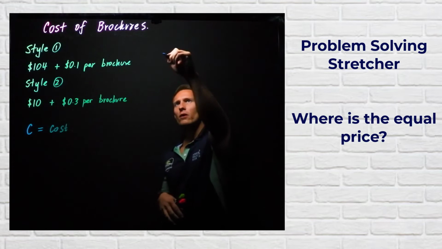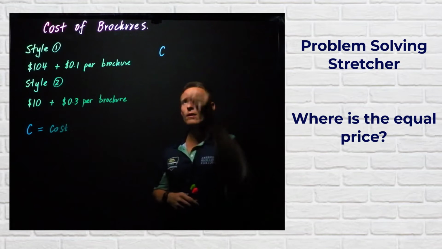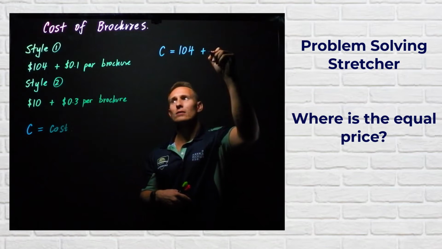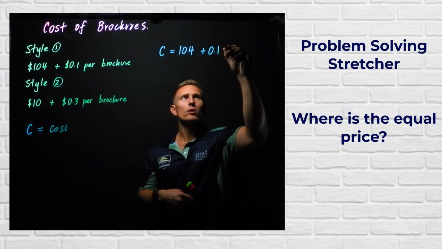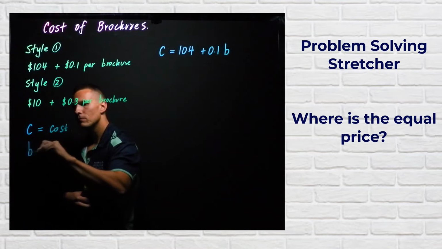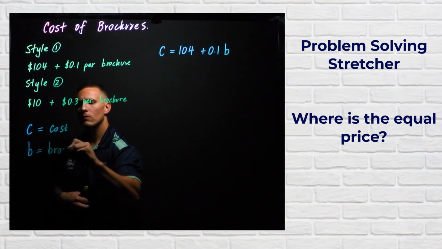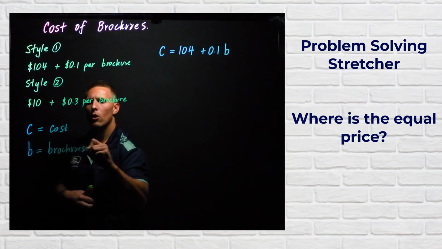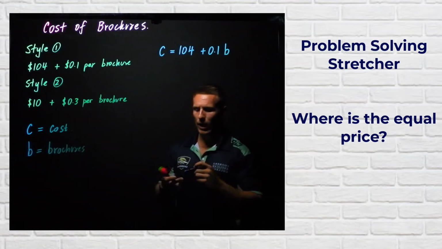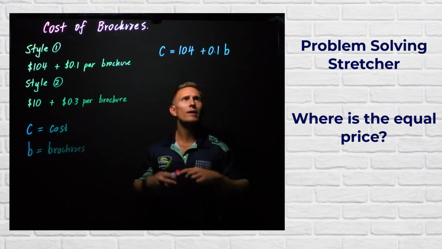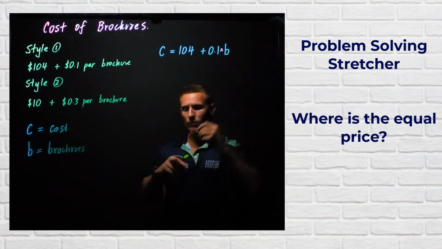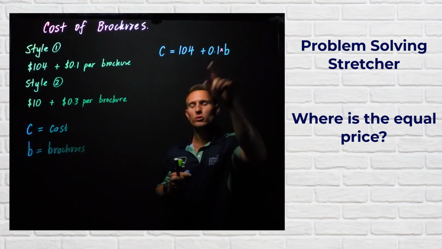So we know that the cost, C, is equal to $104 plus 10 cents for every brochure. So I'm going to use the letter B for the number of brochures. And you'll remember that in between this 0.1 and the B, we have an invisible multiplication sign.